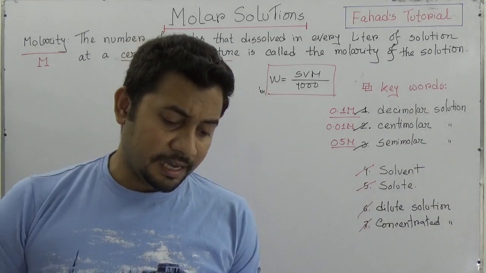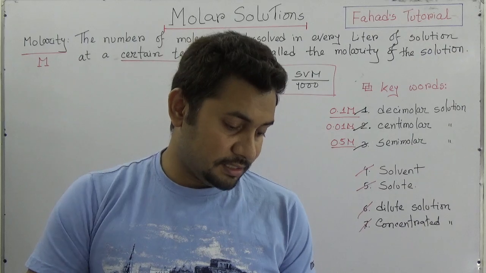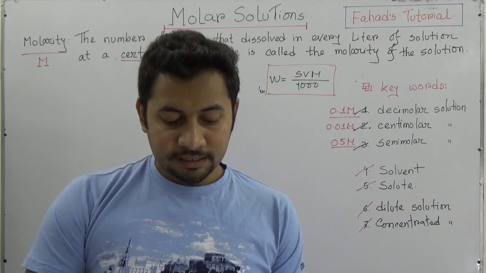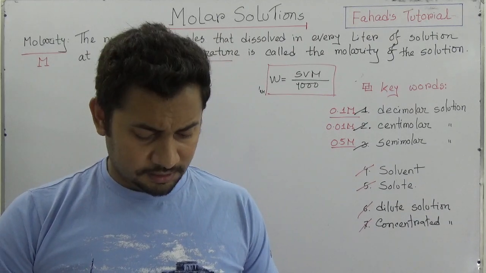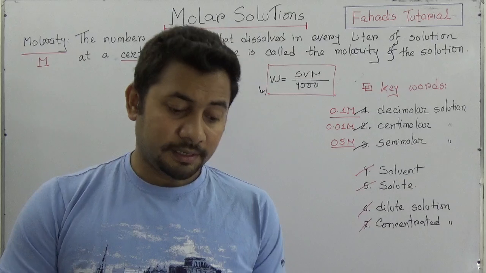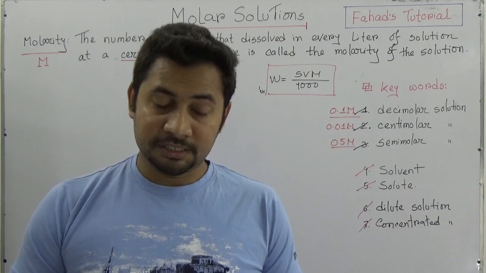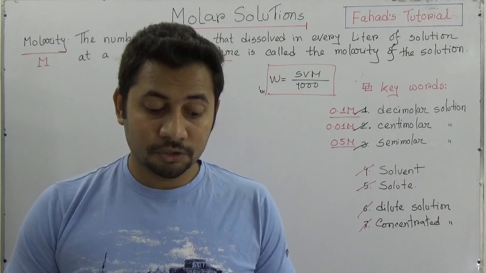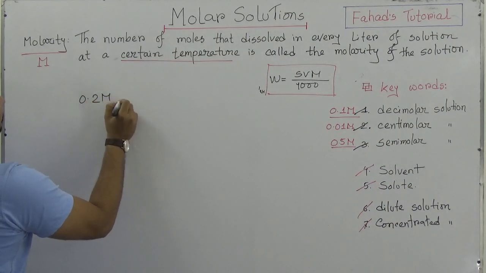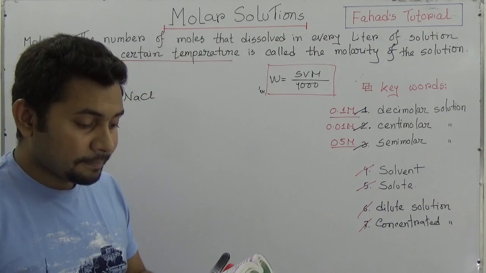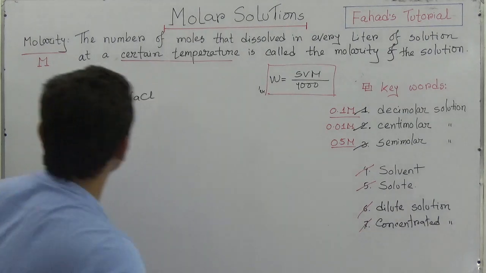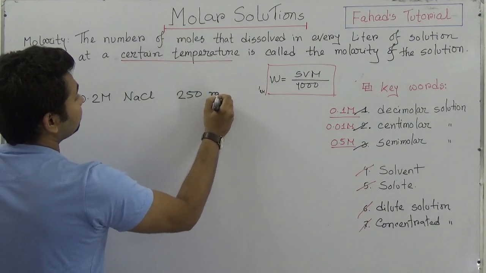Again, another question may be asked. The question is, how will you prepare 0.2 molar sodium chloride solution in a volumetric flask of 250 ml?